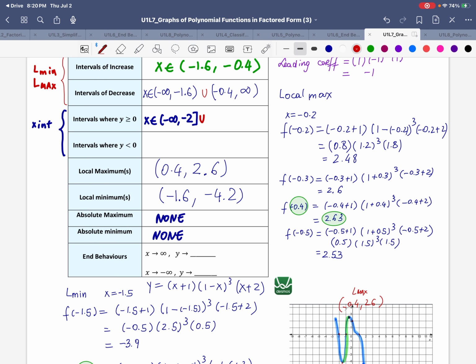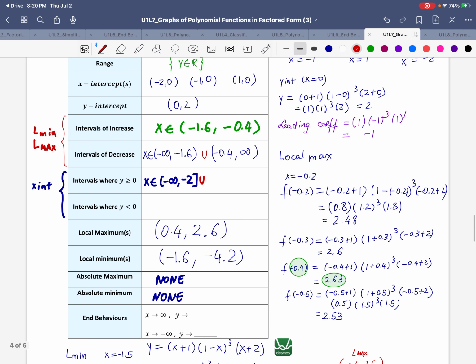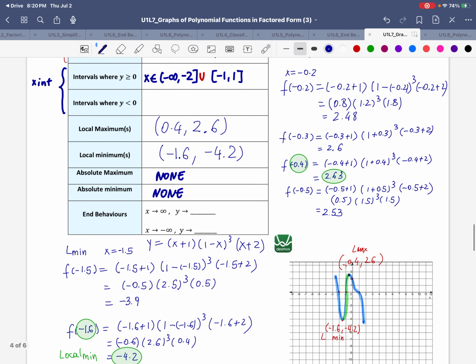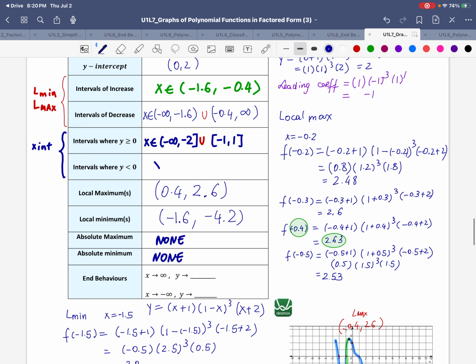And then we have the function above the x-axis from negative 1 to positive 1, including the zeros. It is less than 0 between negative 2 and negative 1, and from 1 to infinity. And drawing the intervals, obviously.